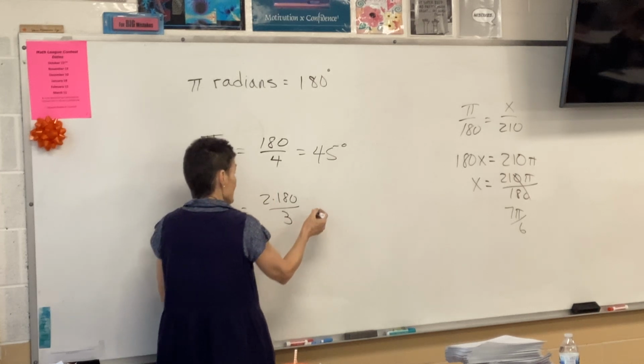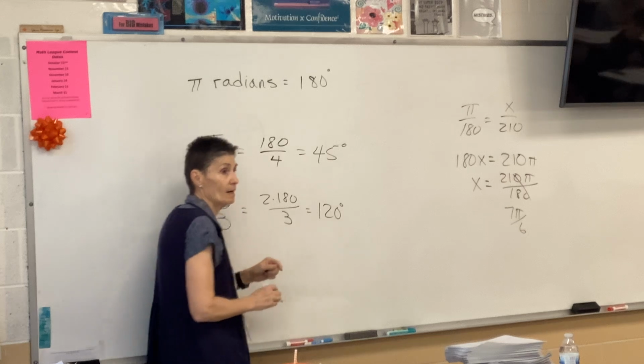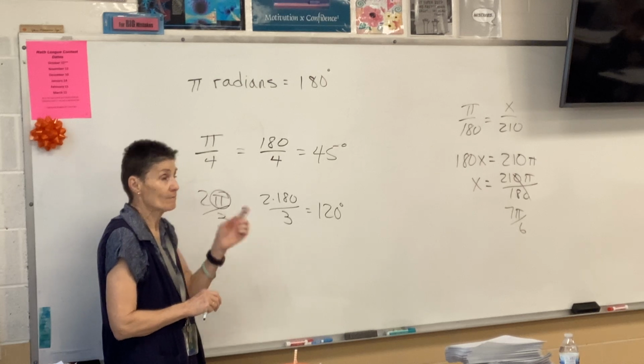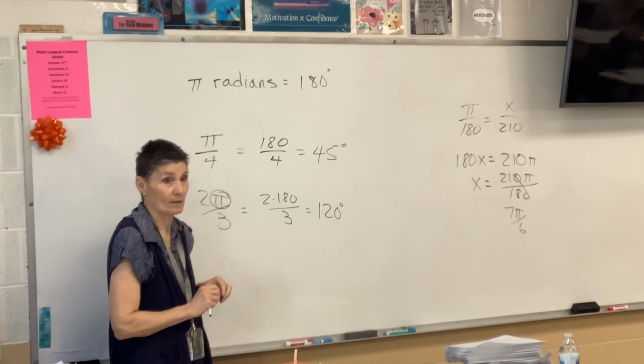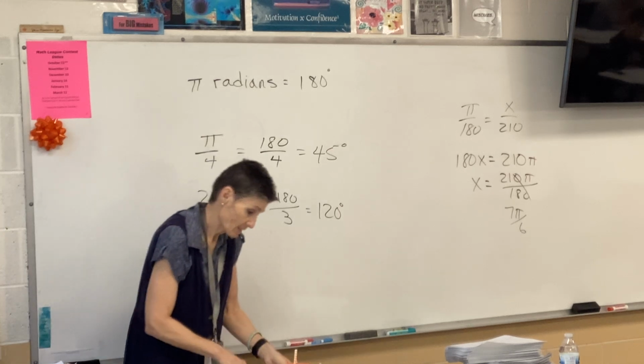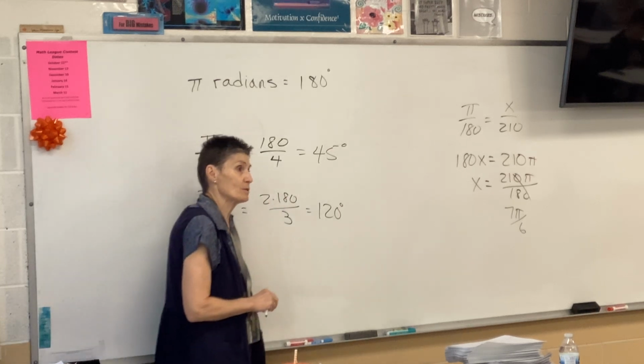It doesn't matter. Either way, your answer is going to be 120 degrees. And you will always either have your own calculator or a baby calculator to help you with this arithmetic. Okay? All right, you do negative pi over 6.